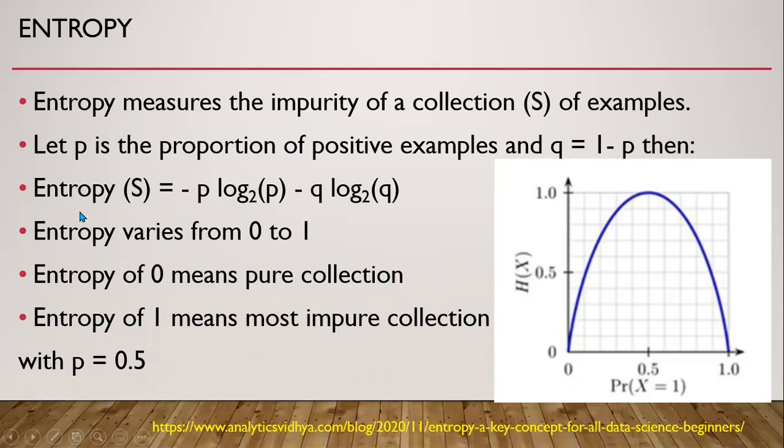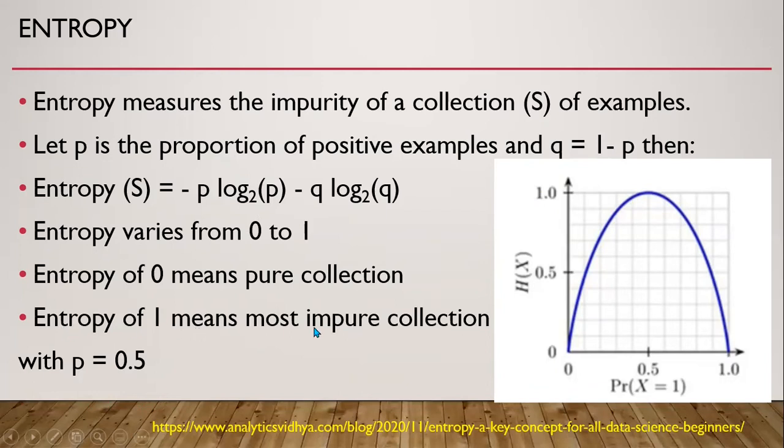So the entropy of the set is equal to minus P log P minus Q log Q. And this logarithm is on base 2 because we have binary classification here. So entropy varies from 0 to 1.